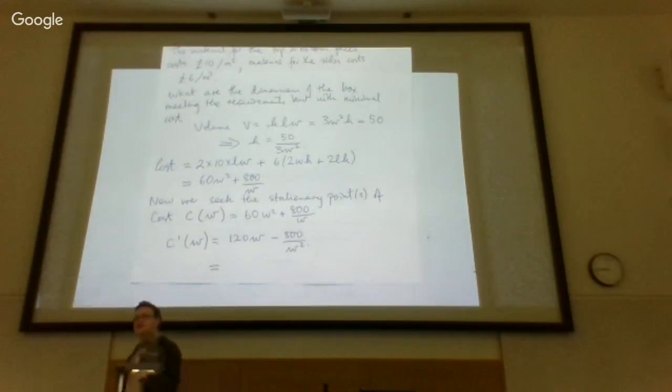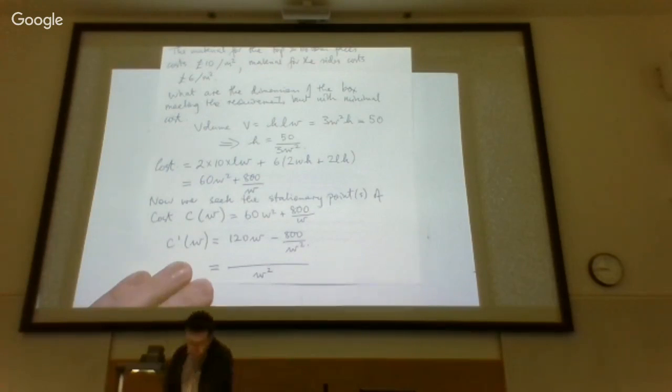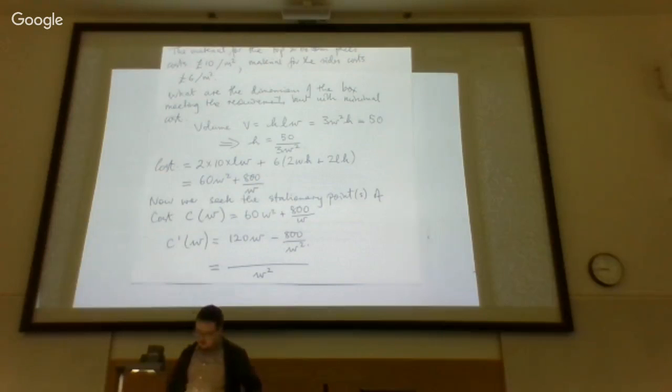Now we want to find the zeros of this function. Given that, a convenient way to express it would be to put it over a common denominator, w squared.